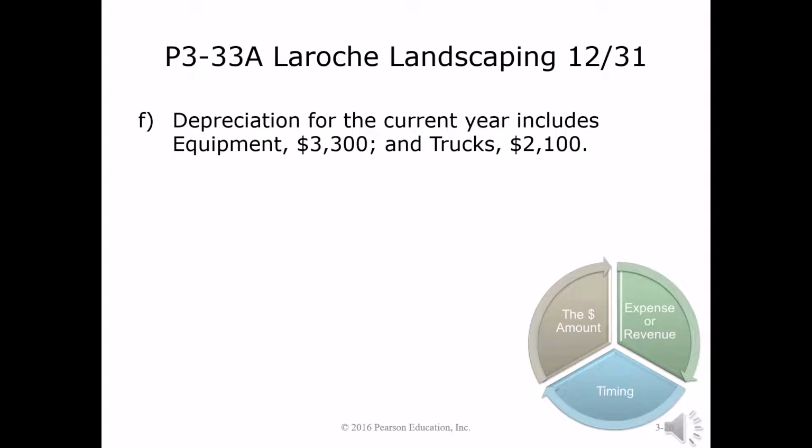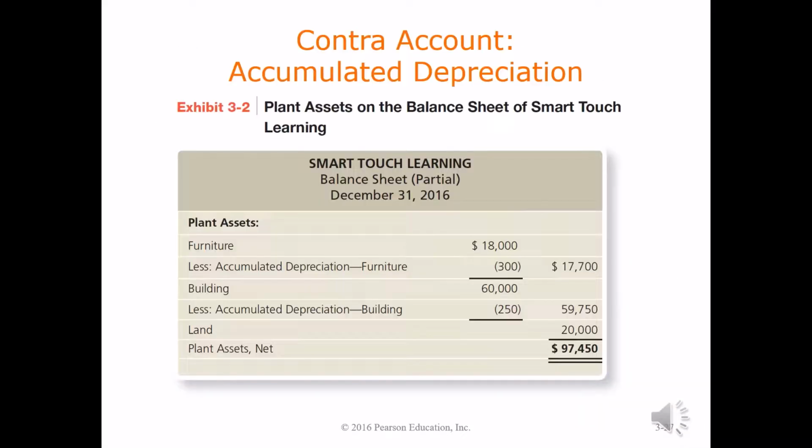Let's review that briefly. This is a section off of a balance sheet for Smart Touch Learning. You can see here that the furniture account is $18,000. That is our original purchase price of the furniture. That amount, the furniture account itself, will never go down until we sell that furniture and totally dispose of it.